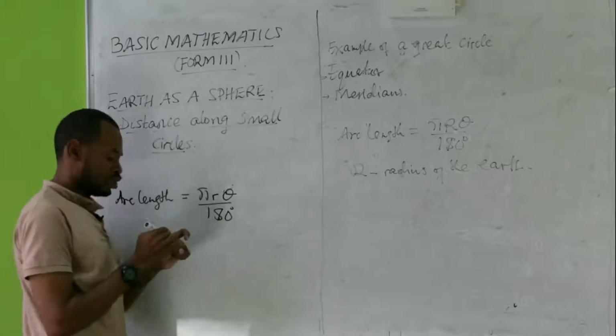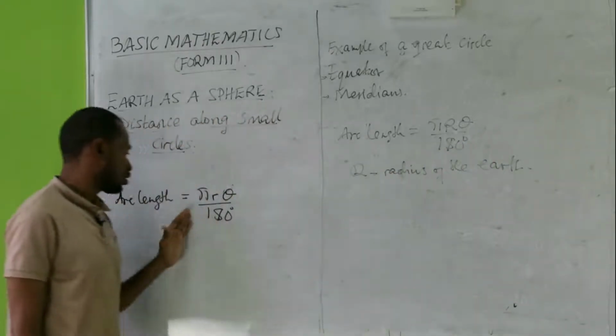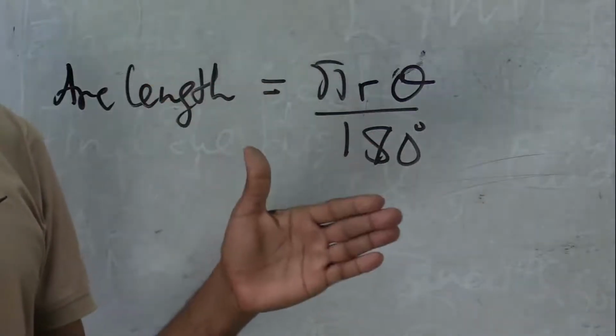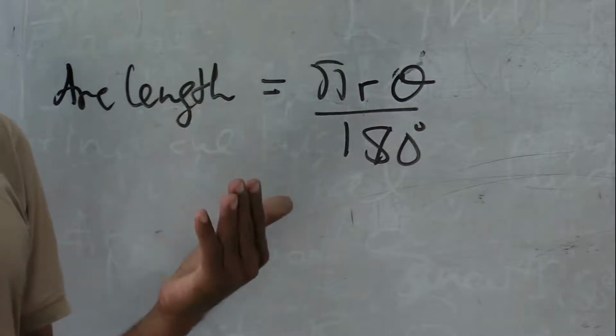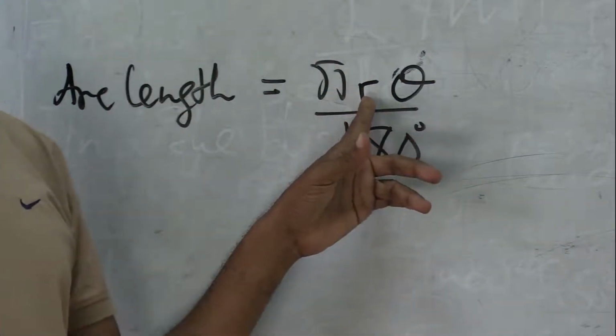It has to be this one. If this is for a great circle, then this should be for a small circle, because for a great circle the radius is just the radius of the Earth, but for the small circle, the radius is not equal to the radius of the Earth.